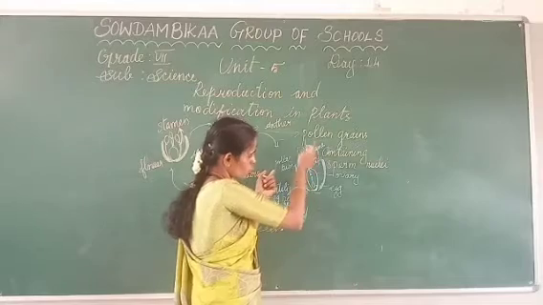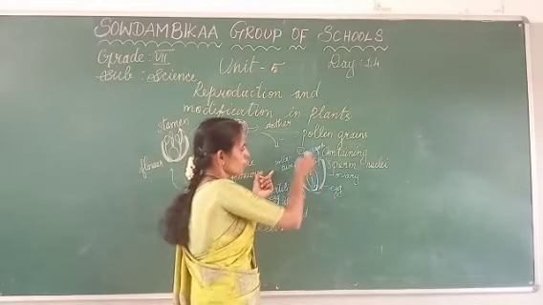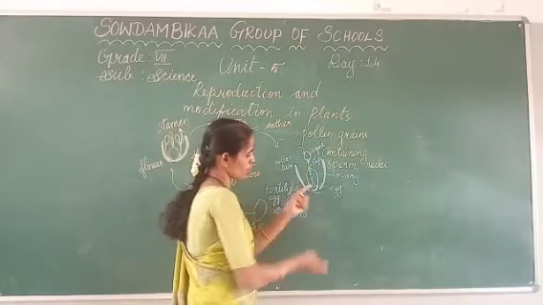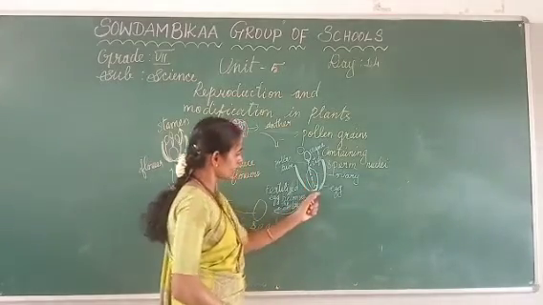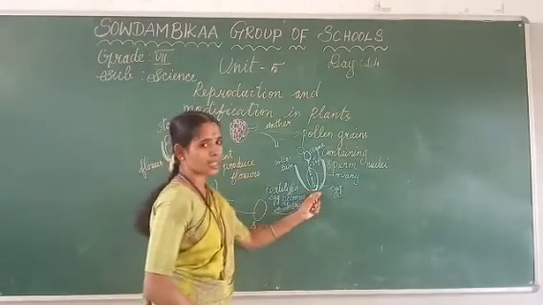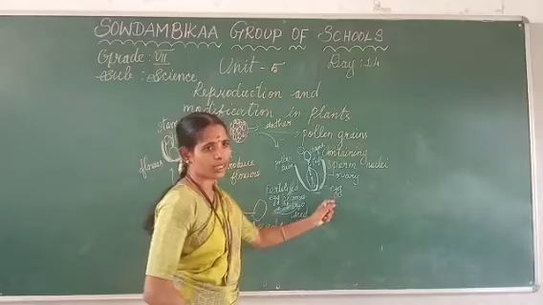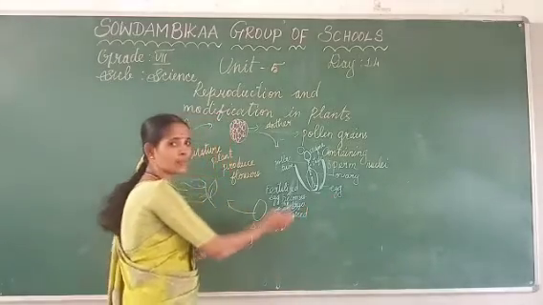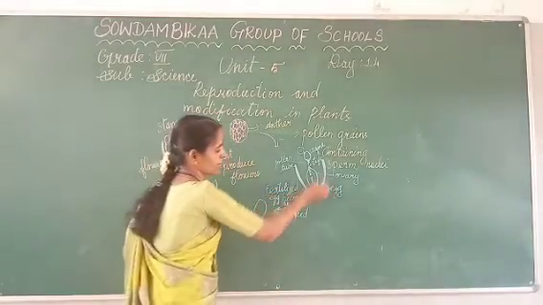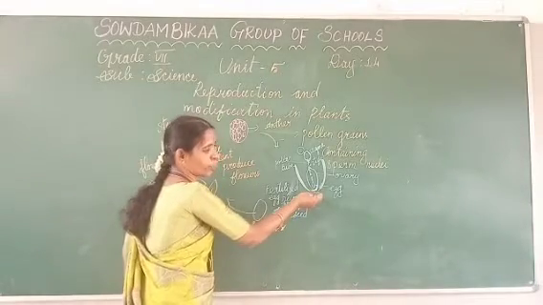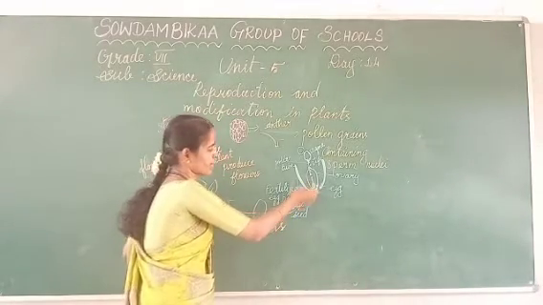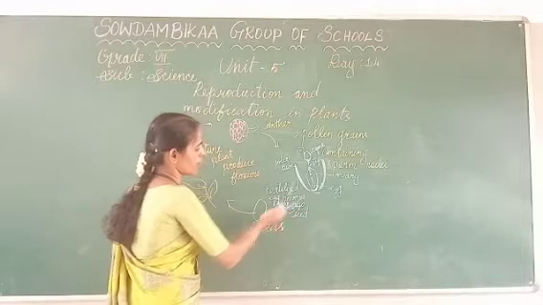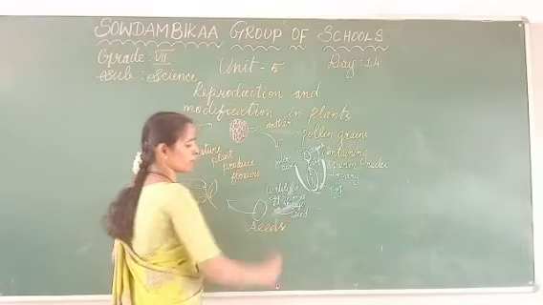After the pollen sticks to the stigma, it is sent through the style to the ovary. After that it reaches the egg and fuses, male and female gametes, and here the fertilization takes place. After fertilization, the fertilized egg becomes the embryo.